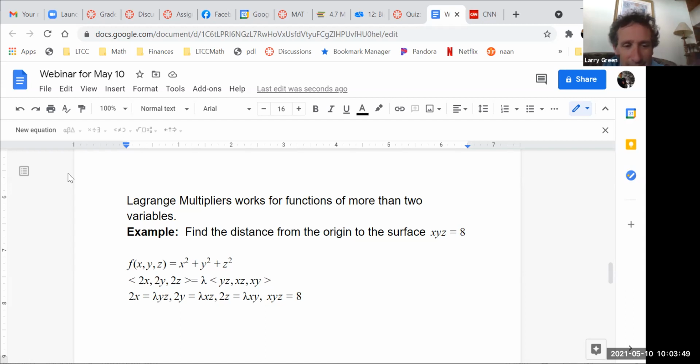Nothing looks so great. So what I'm going to do is solve for lambda in the first 3 equations. Turns out to be probably the easiest way of doing this.